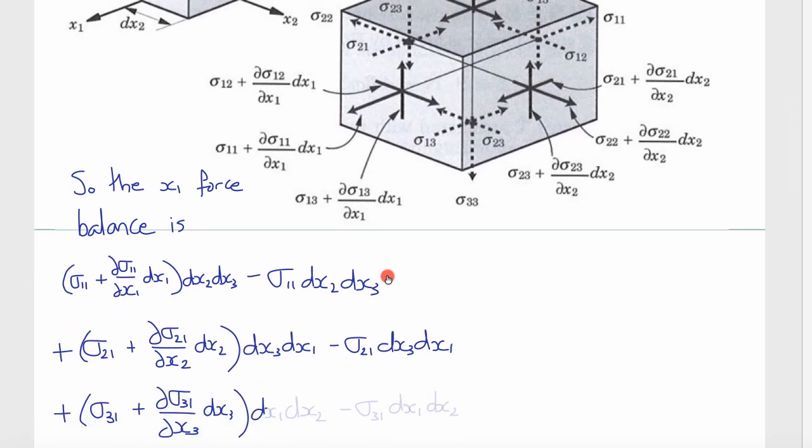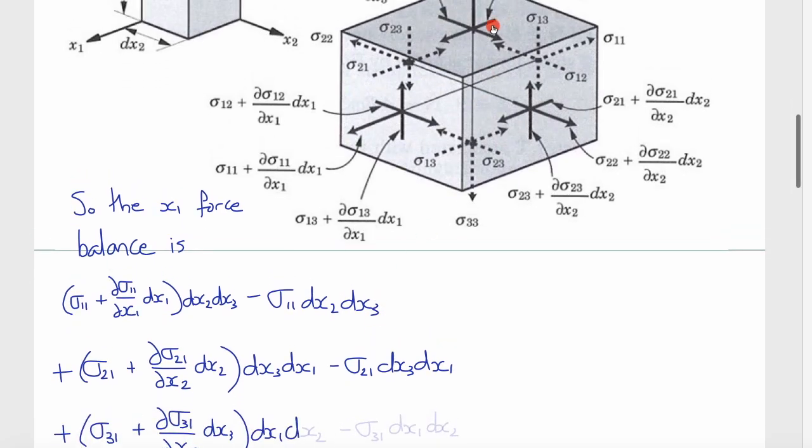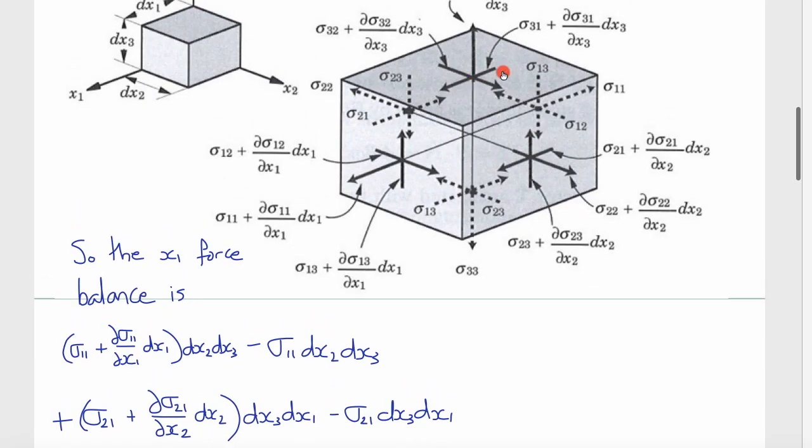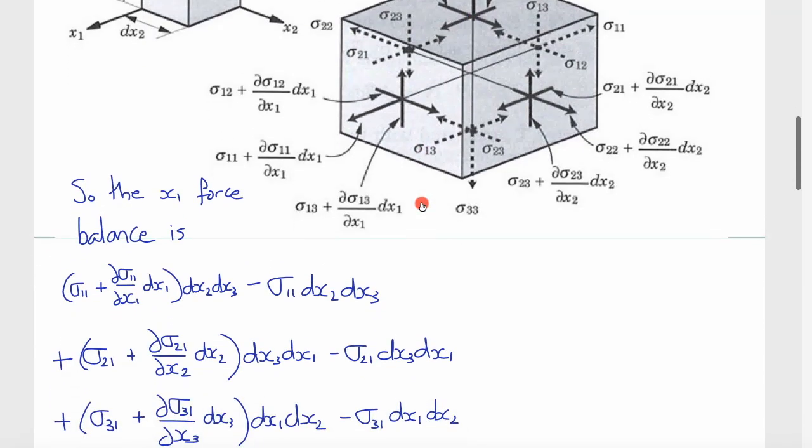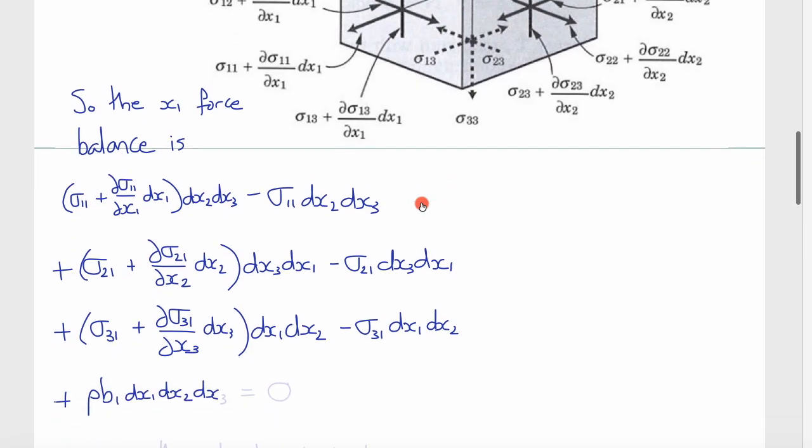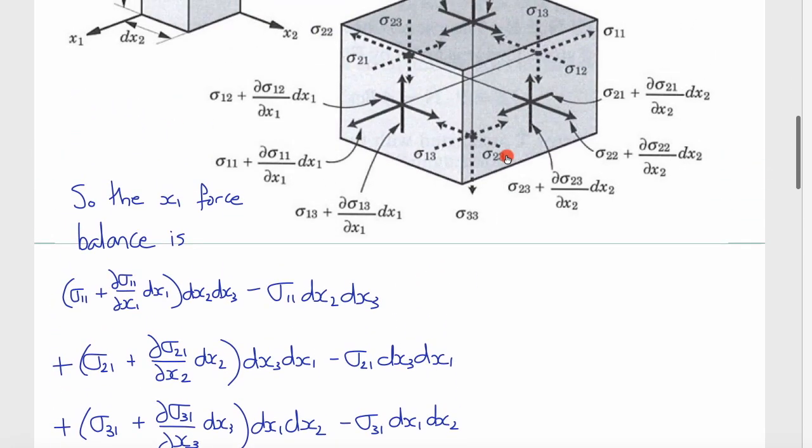And then finally, the shearing tractions on the 3 face. So sigma 3,1 plus del sigma 3,1 del x3 times dx3 minus sigma 3,1, minus this term here.